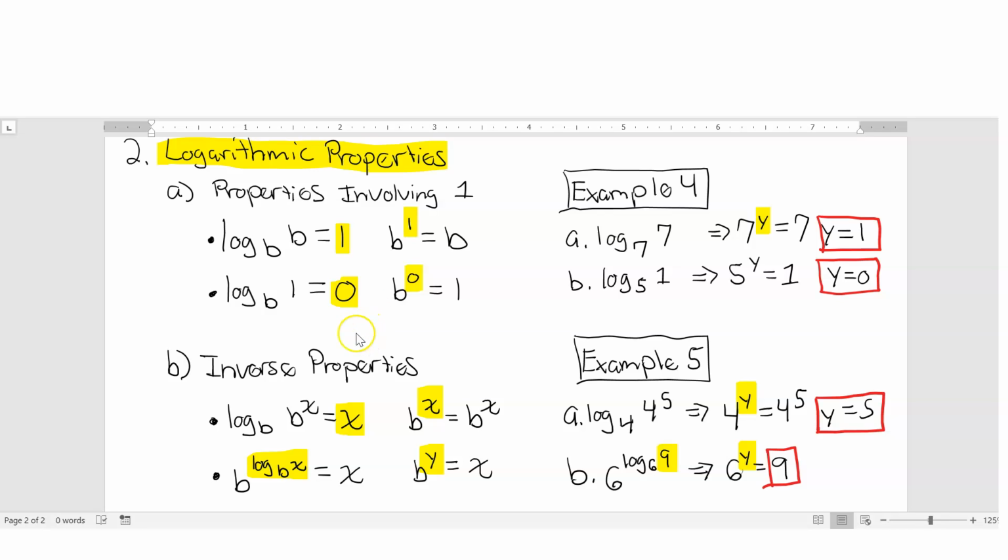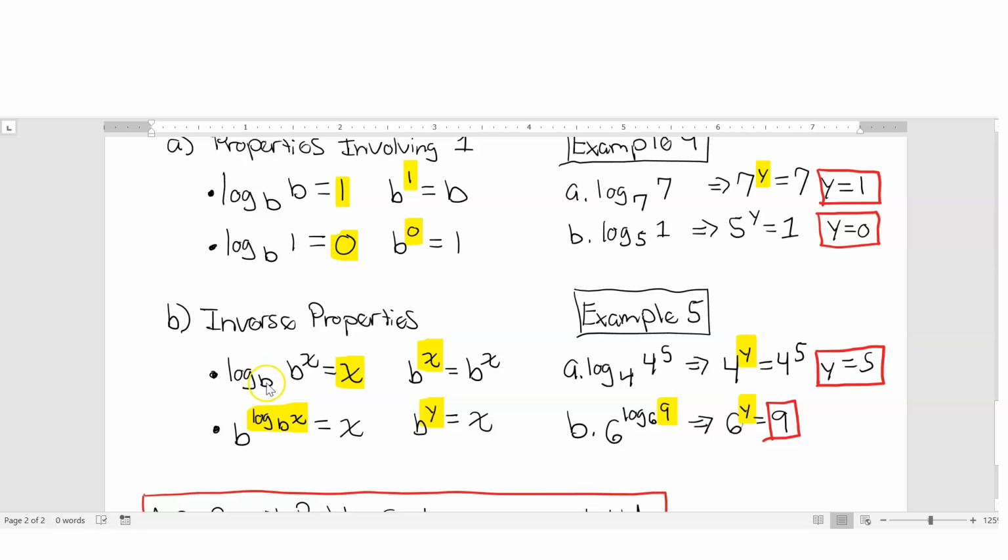Now in the inverse properties, again, we'll use that relationship to look at them. So b to what exponent would give me b to the x? Well, that exponent would have to be x, correct? Base to the exponent equals the value b to the x. And then b to the log base b of x equals x.